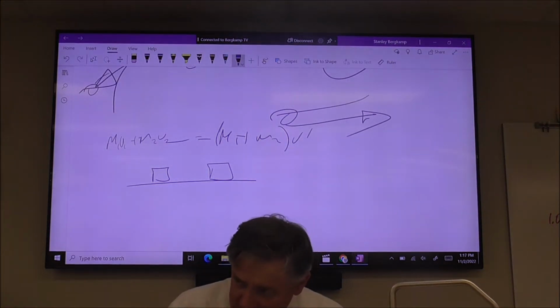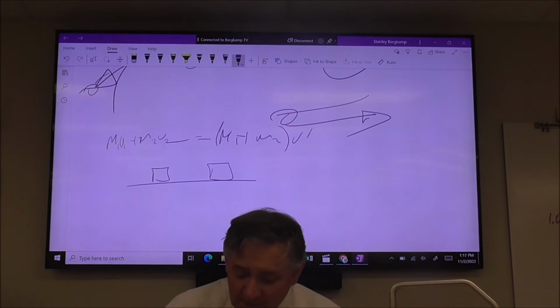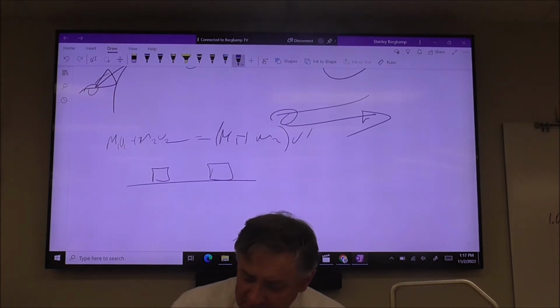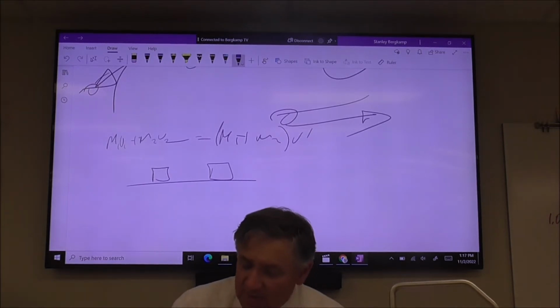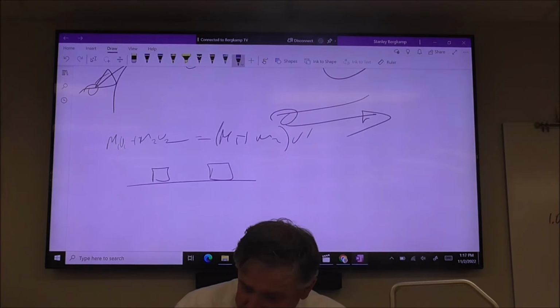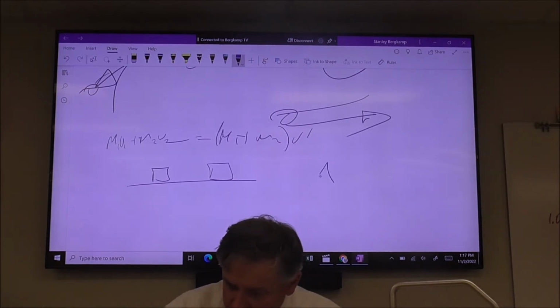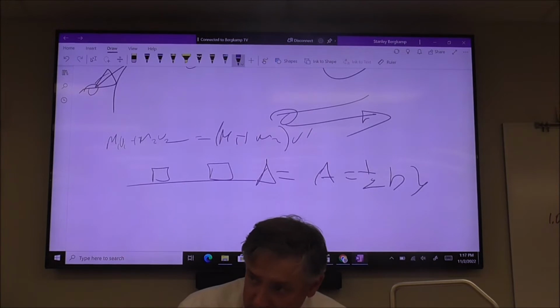So that new velocity after the collision, the way I defined the system, should be around -1 meter per second. Then knowing that, you can calculate the change in momentum, and then set that equal to 1/2 base times height. Because remember, change in momentum is going to equal the area.